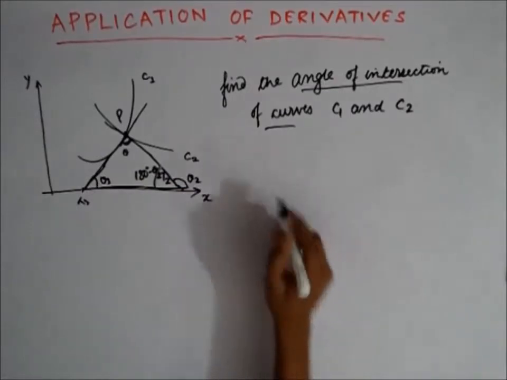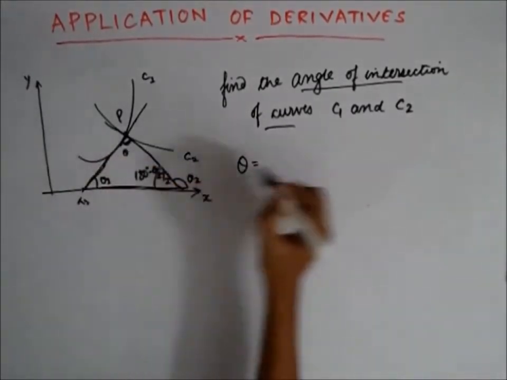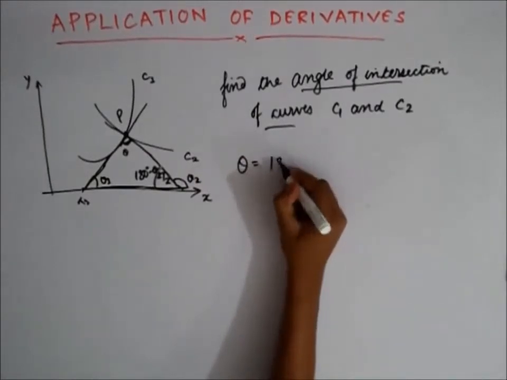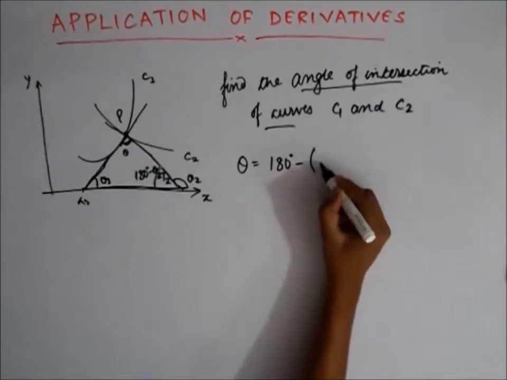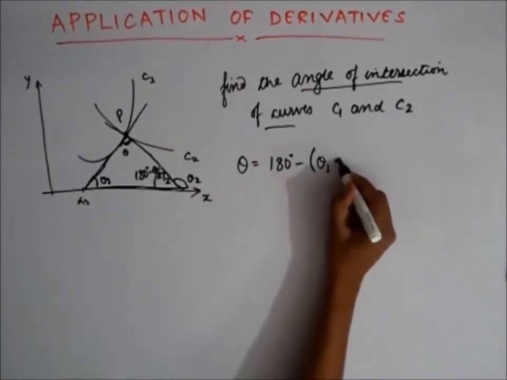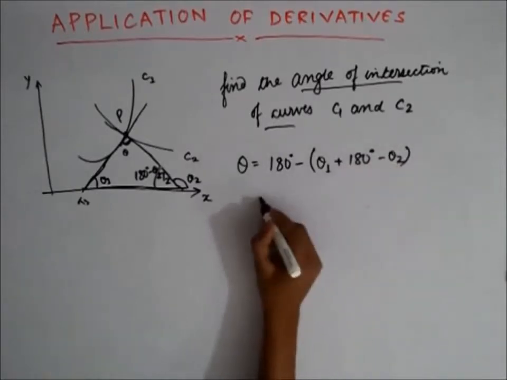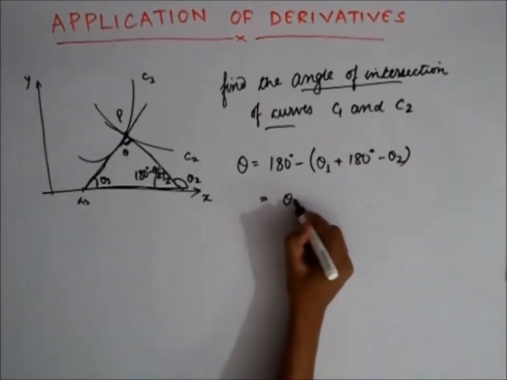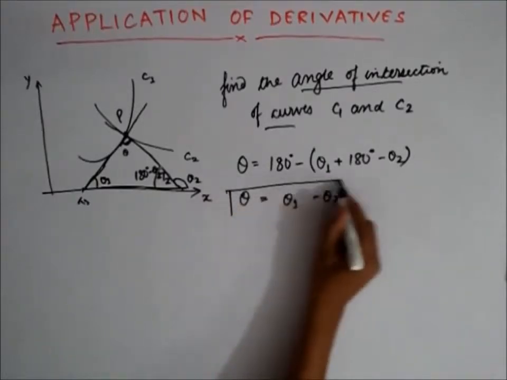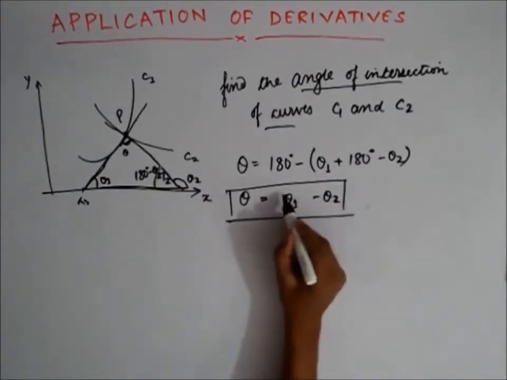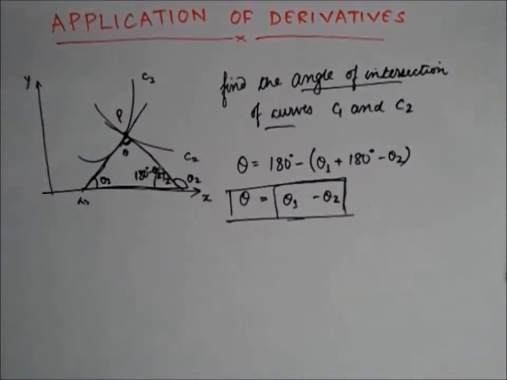Since this is a triangle, my theta is 180 minus the sum of these two angles, which is theta 1 plus 180 degrees minus theta 2, which comes out as theta 1 minus theta 2. So this is my theta. If I am able to find this value, then I'll be able to find the value of theta.